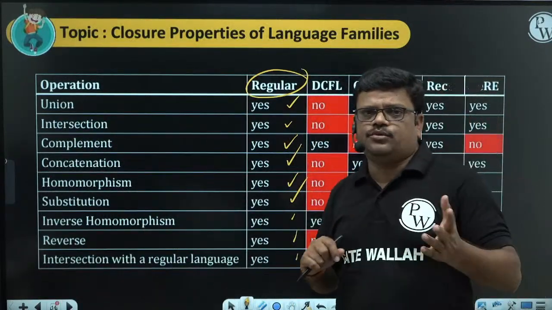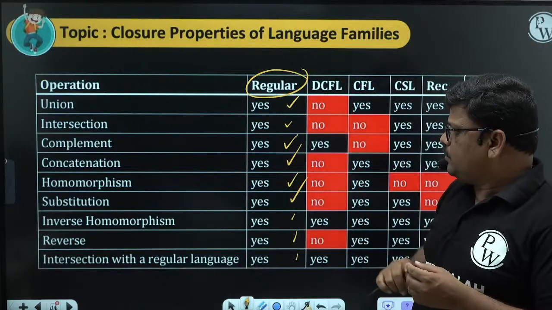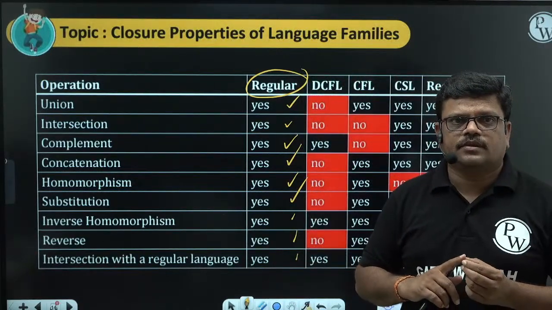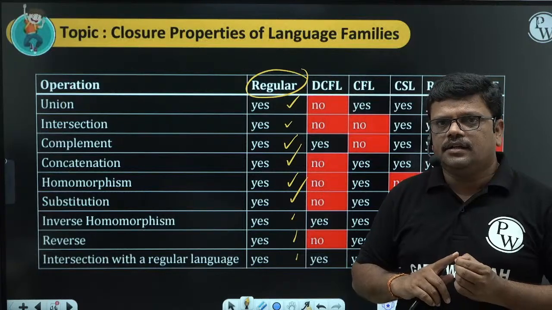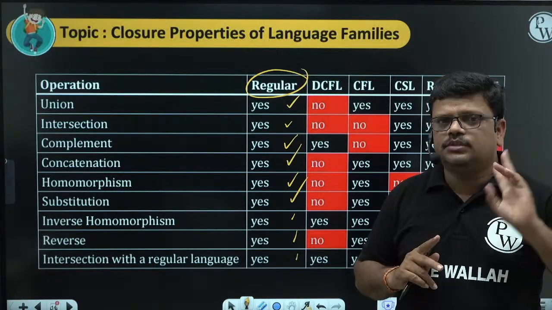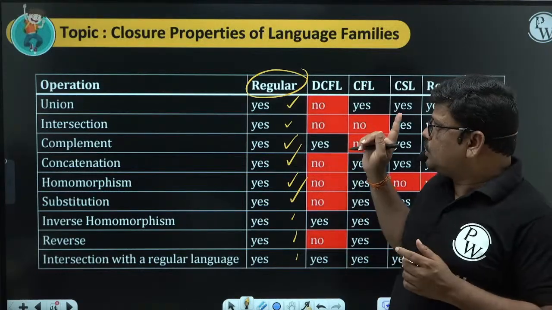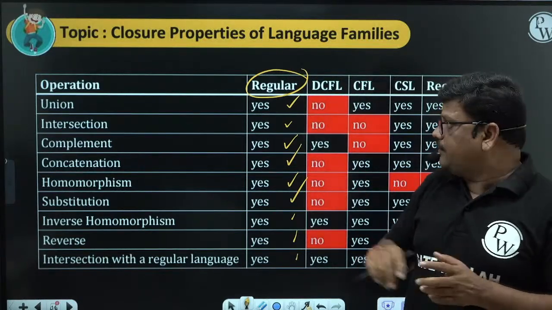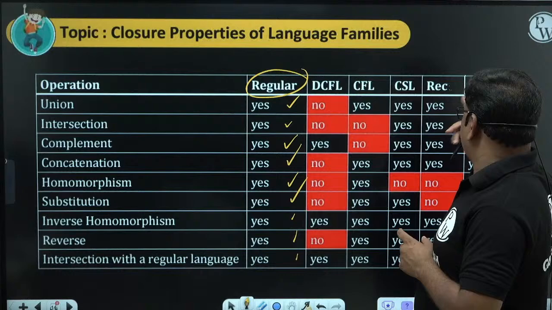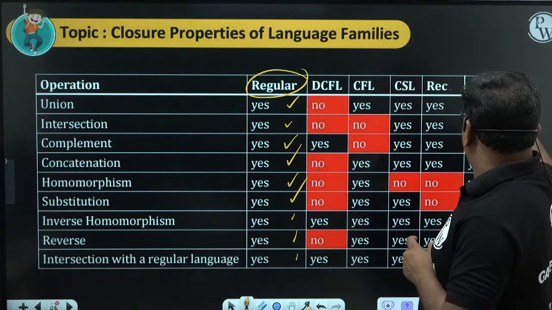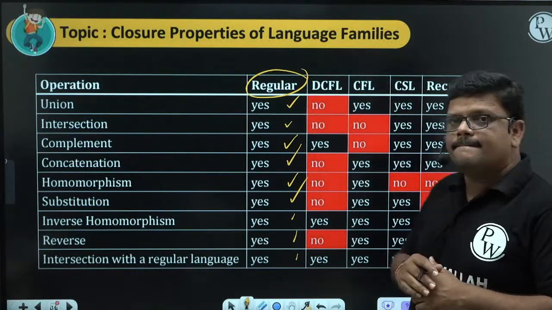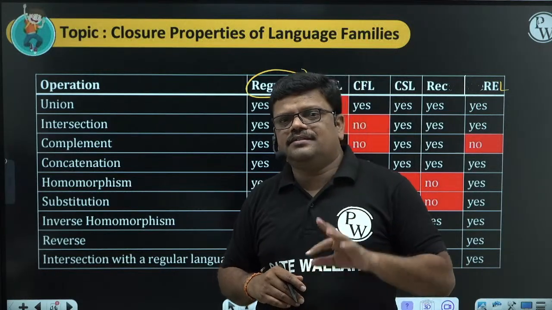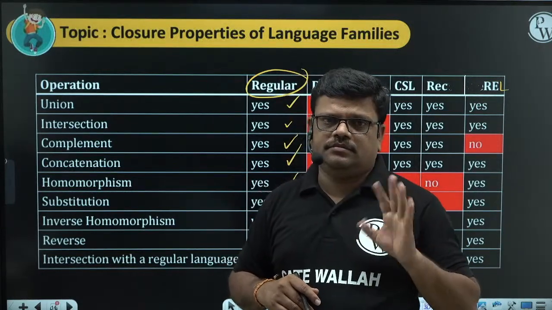There are so many questions from this. Whenever we are preparing for GATE, at the end we have to prepare two tables. One is the closure properties of all the language families: regular, DCFL, CFL, CSL, recursive, and recursively enumerable. The other is the decidability and undecidability table, the decision property table.